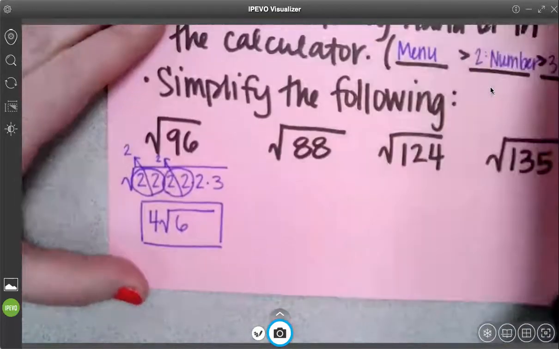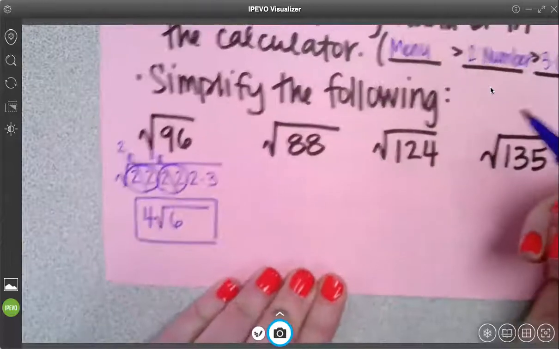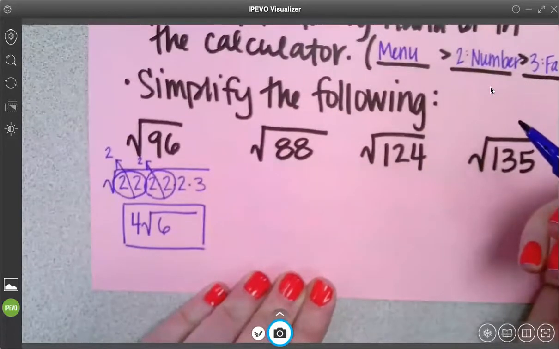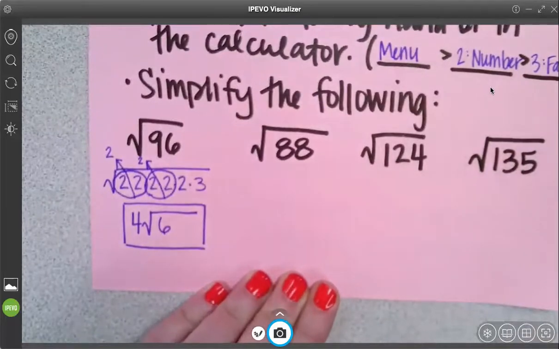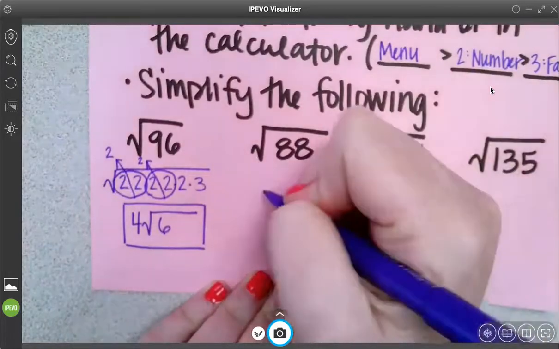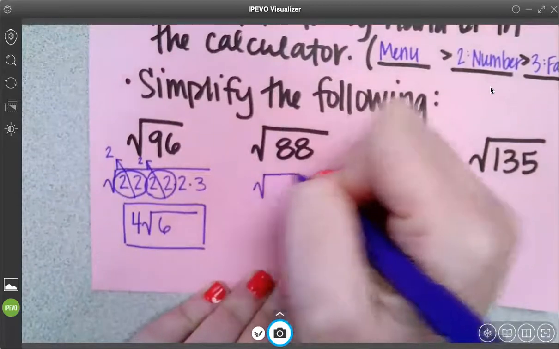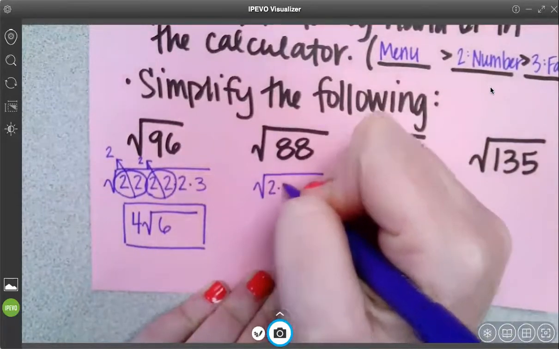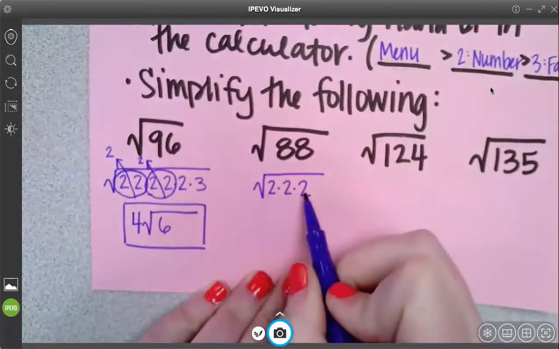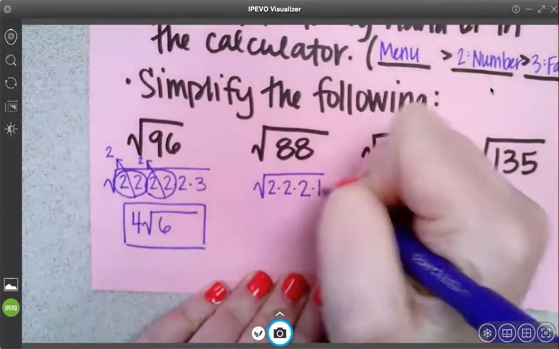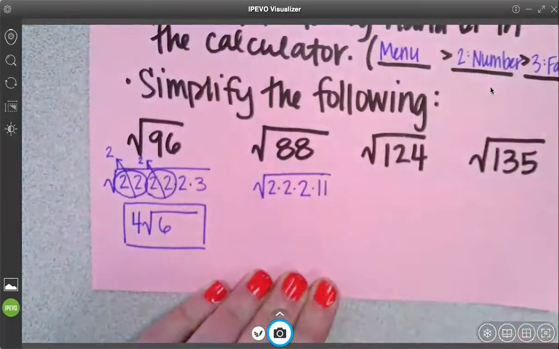Let's do the same thing with 88. So I'm going to give you a chance to do menu number factor and factor 88. And your calculator should tell you that that is 2 cubed times 11. So 1, 2, 3 2's, right? 2 times 2 is 4 times 2 is 8. And then 8 times 11 gives us 88.